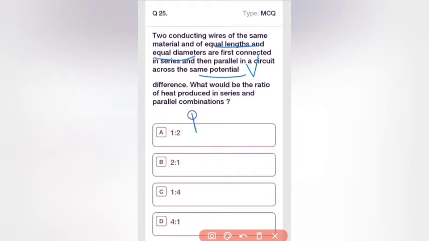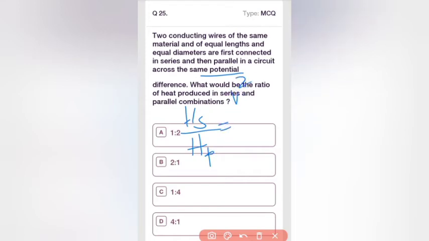So we know the formula for resistance is rho L by A. Here in this case, area and length are the same, so the resistances will be equal, okay. And what will be the ratio of the heat produced when connected in series to the heat produced when connected in parallel?